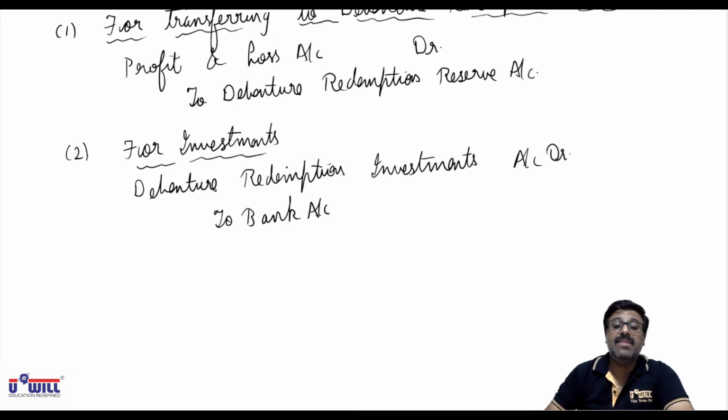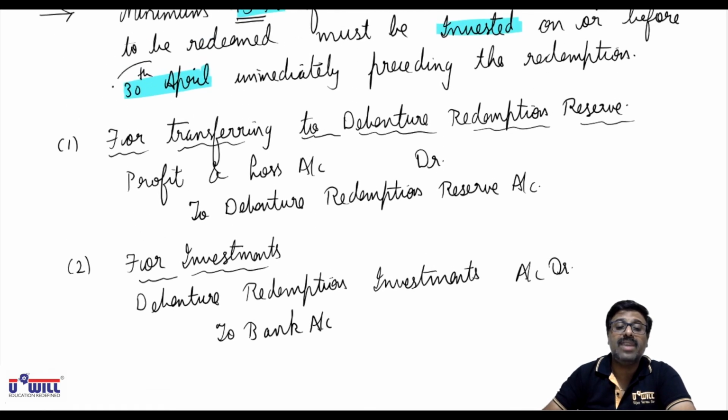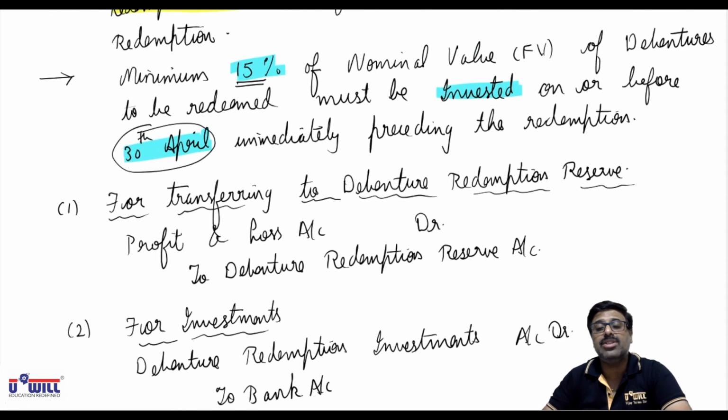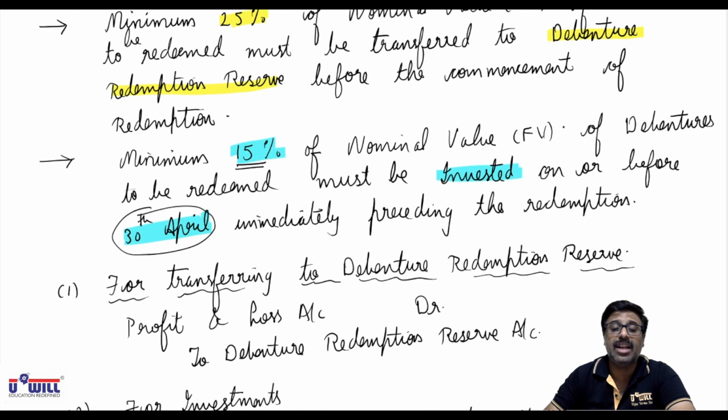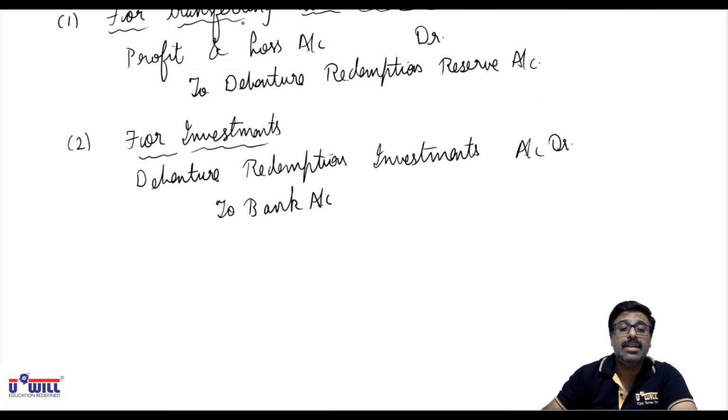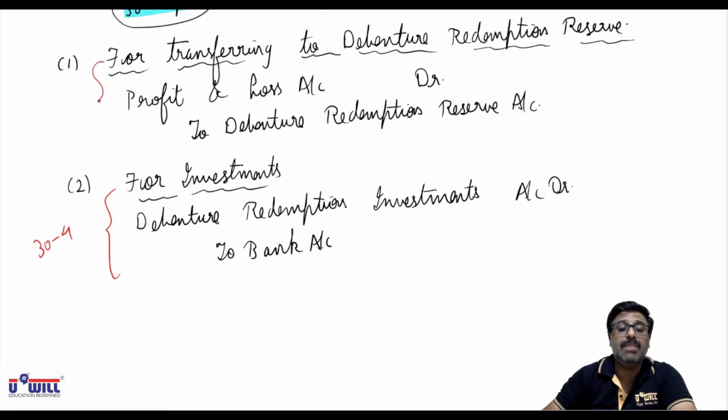But this investment is to be made by 30th of April before the redemption, and the transfer to debenture redemption reserve you will do on 31st March only, at the end of the year when you make the profit and loss statement. This entry is to be passed on 30th of April, and this entry will be passed on 31st March. So it may be possible that this entry comes first and this entry comes second.